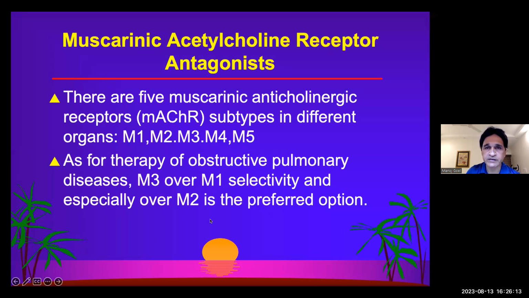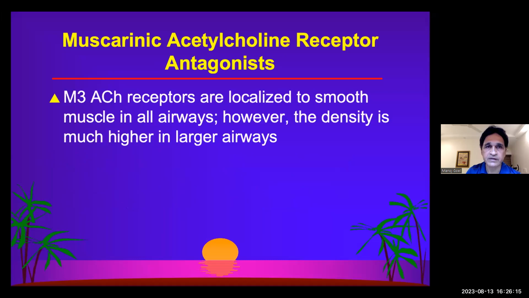They are the predominant muscarinic receptors there. Now, these M3 receptors are localized to the smooth muscle in all airways. However, the density is much higher in large airways. This is what is important to understand. So you want an anti-muscarinic effect in the larger airways, so you want a drug which should be deposited in the larger airways.